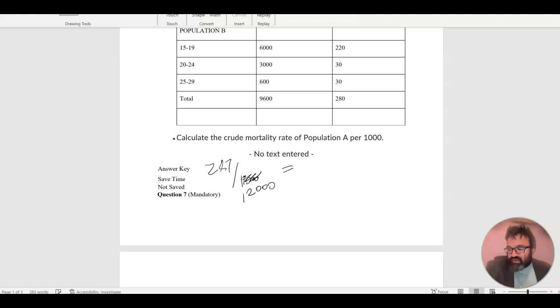That gives you 0.0239. Because this says per 1,000, you multiply this value by 1,000, and you get 23.917. So again, 287 over 12,000 gives the decimal 0.0239, and you multiply that by 1,000 to get 23.917 per 1,000.